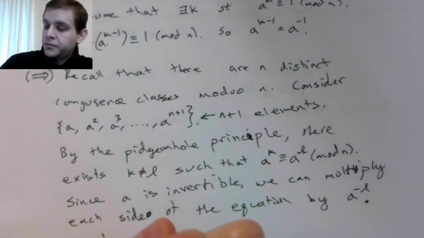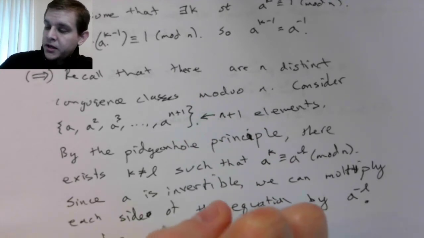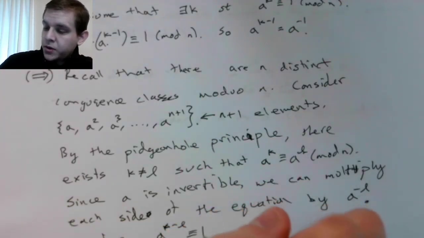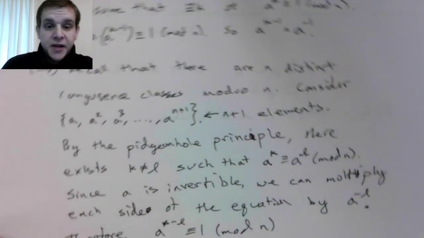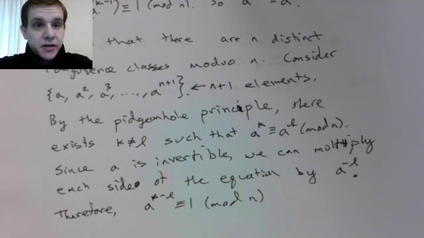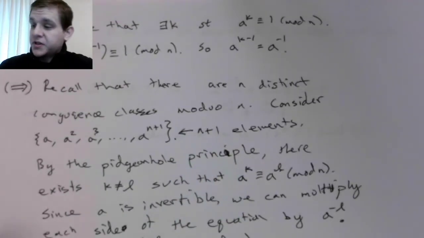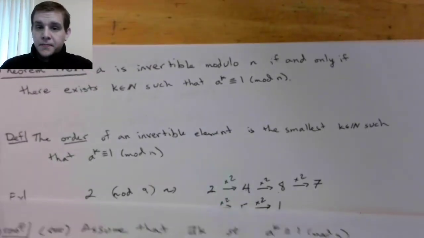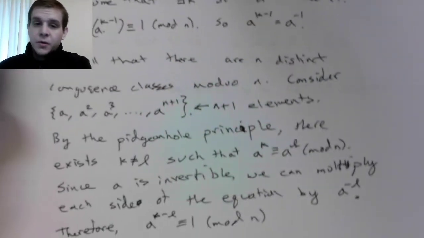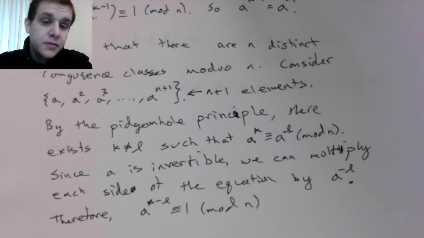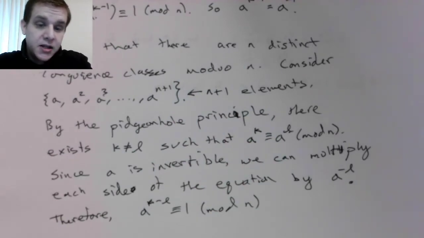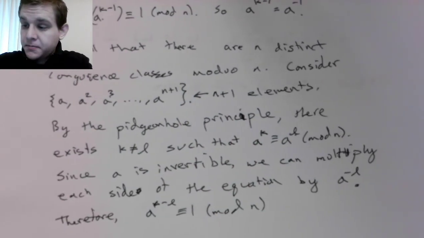Therefore, a to the k minus l is congruent to 1 modulo n. And so some power of a is congruent to 1, and it's not necessarily the order, because the order is the smallest power, but I have at least one power of a that's congruent to 1 modulo n.